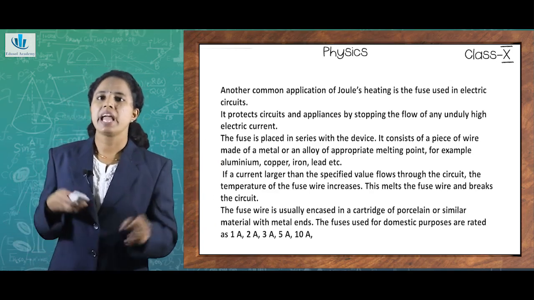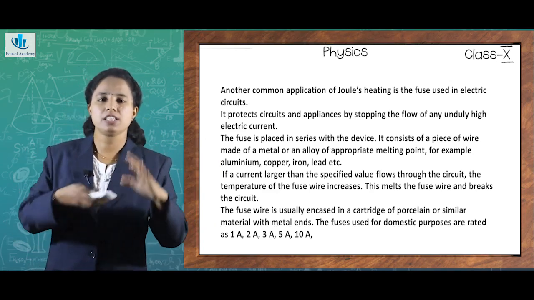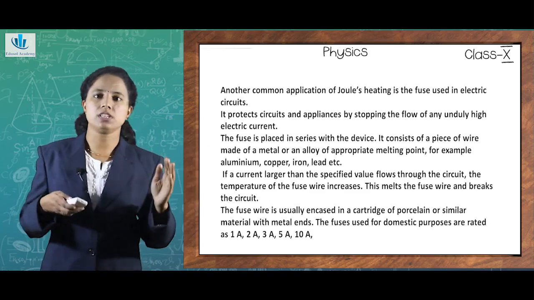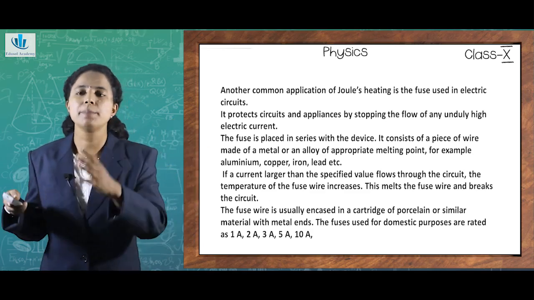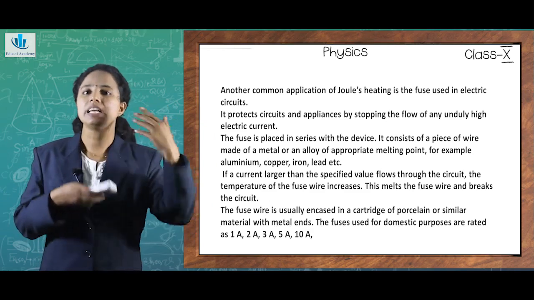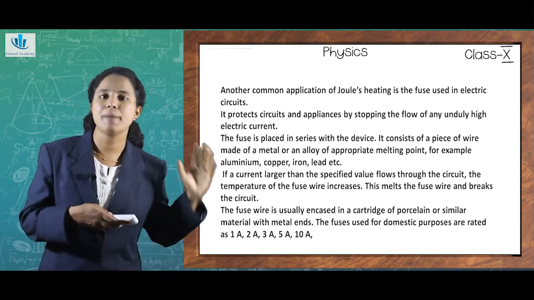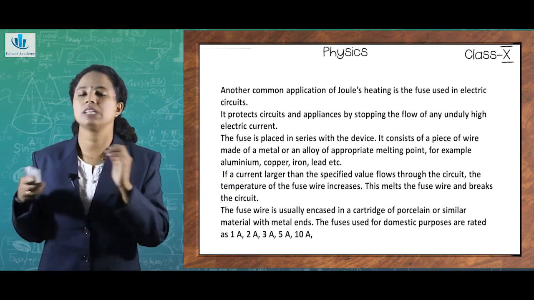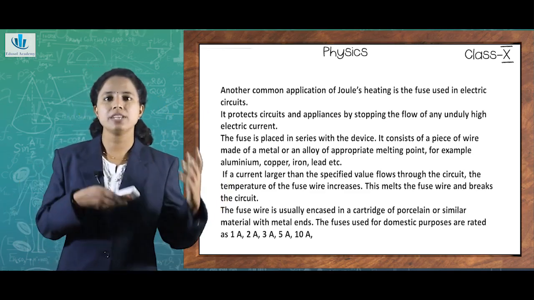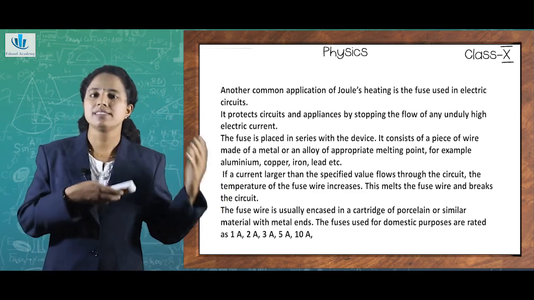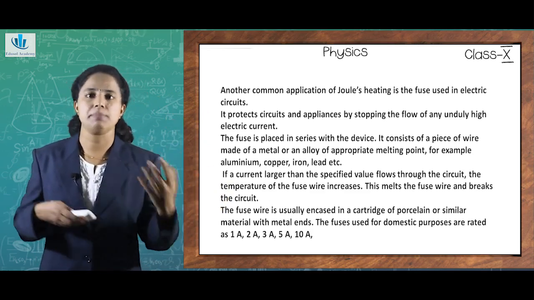What happens is, if a current larger than the specified value or the desired value is flowing through the circuit, then the temperature of that particular fuse wire will increase. As the temperature of the fuse wire increases, it will melt the fuse wire and the circuit will be broken, so that the other appliances which are connected will be saved from further damage.